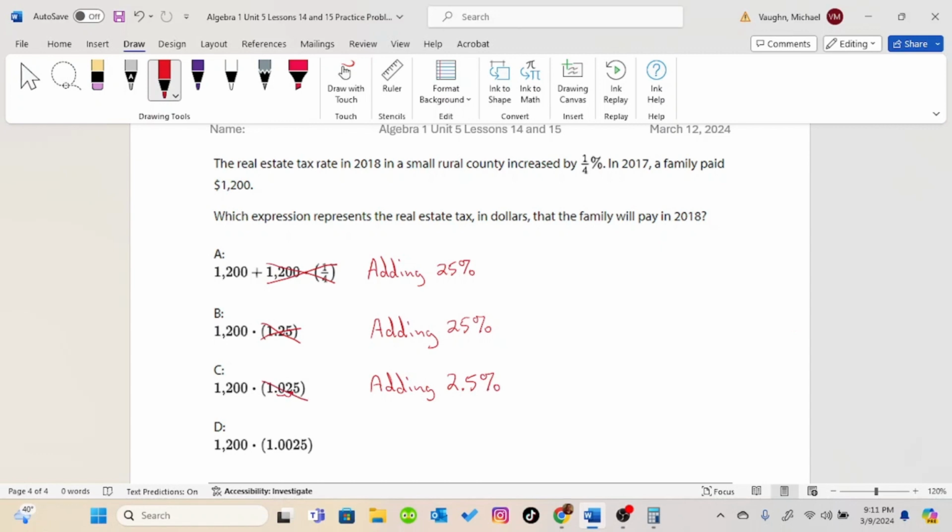So this one is also wrong. Finally, on D, if you move the decimal point 2 places, this says we're adding 0.25% or 1/4%. So D is the correct expression.